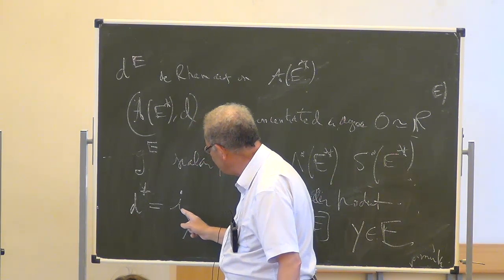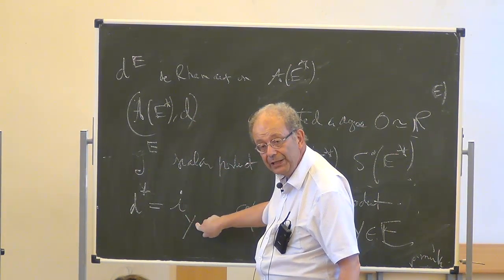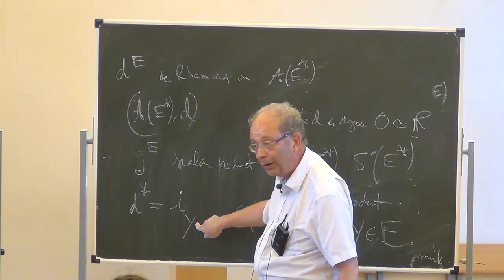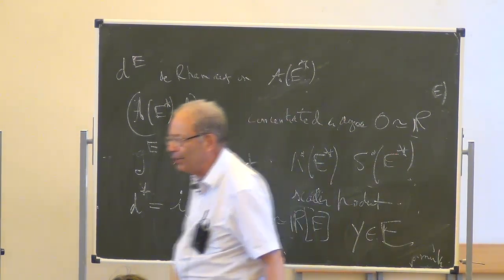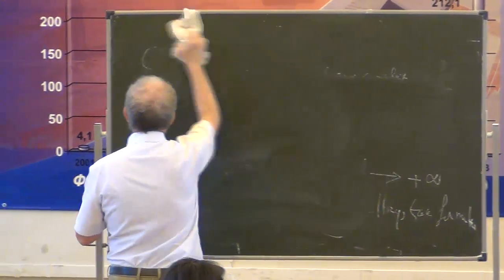And to the contrary, this contraction decreases the degree in the exterior algebra by 1, but increases the degree in the polynomial algebra by 1. So this is the adjoint of D. That's a very simple computation, and you find that this adjoint actually does not depend on the metric.